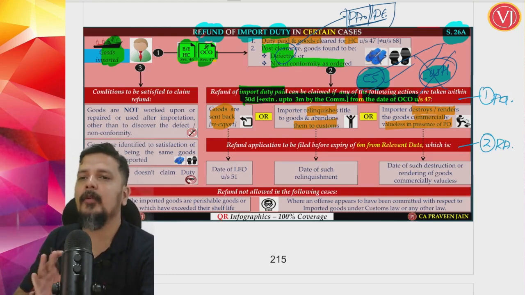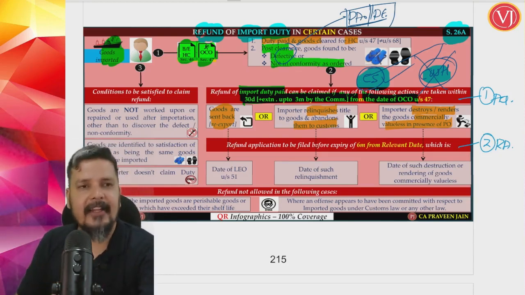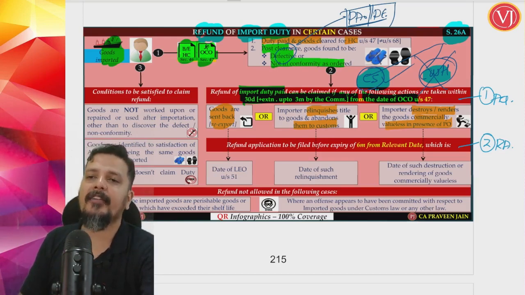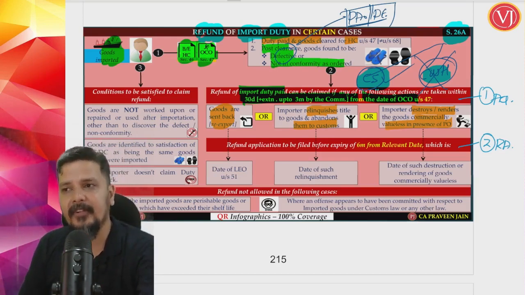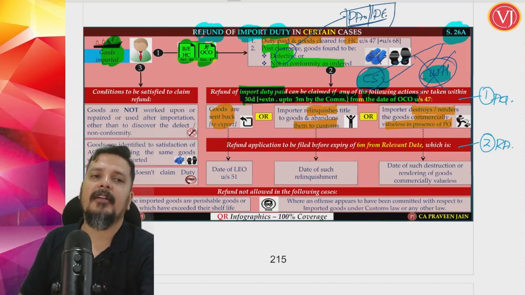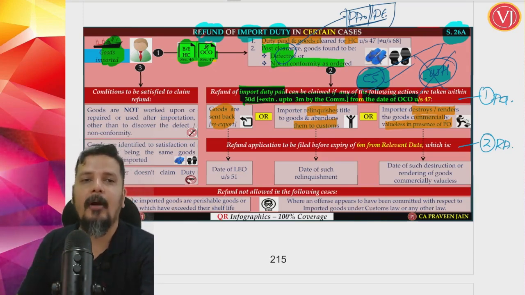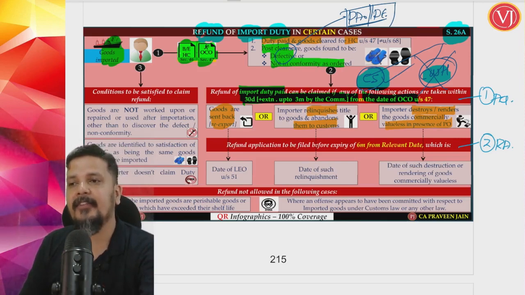You are not required to do all, it is either or. Either send back within 30 days plus 3 months extension, or relinquish the title, or destroy or make it commercially valueless in presence of the proper officer, within 30 days plus 3 months extension from the date of out of charge order.